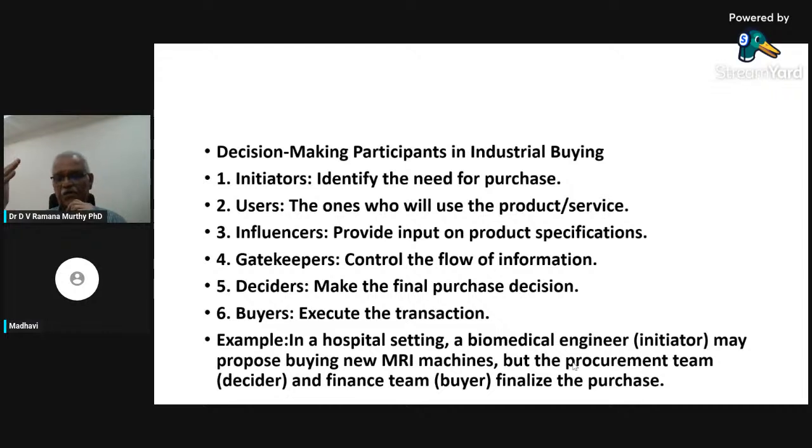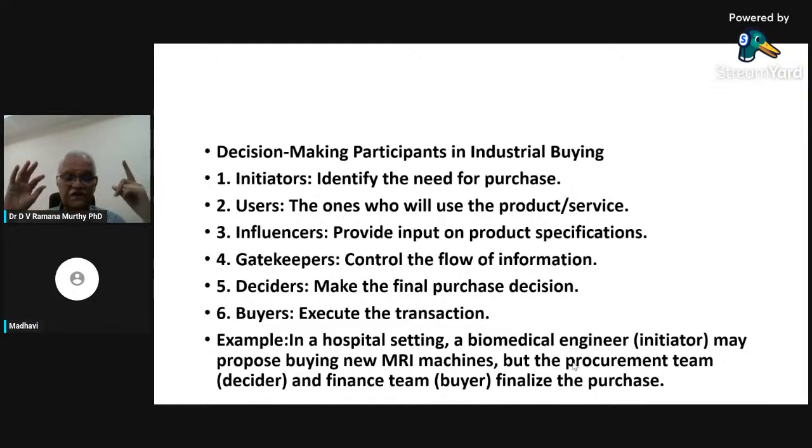Then comes the role of the procurement team. Procurement team are the deciders. That means they search for product alternatives, suppliers X, Y, Z, and which is good. Then the finance team looks at the budgets and says, okay, this much costly machine we may not purchase, and this one within our budget we can purchase.